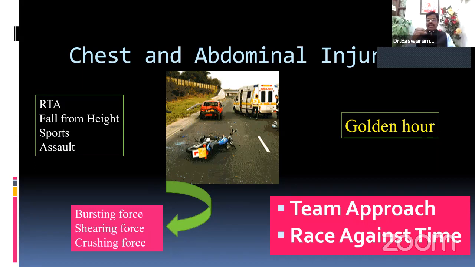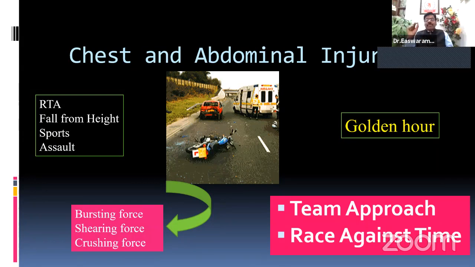For example, if you are a pillion rider on a high-speed two-wheeler, and you are thrown off the bike, what will happen? You will slide over the road for several yards, and there will be a sudden deceleration injury. That is a shearing force. Because of that, wherever there are mobile and fixed organs, they will be torn.